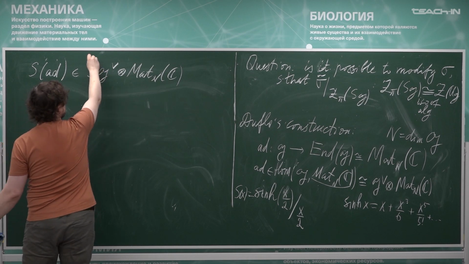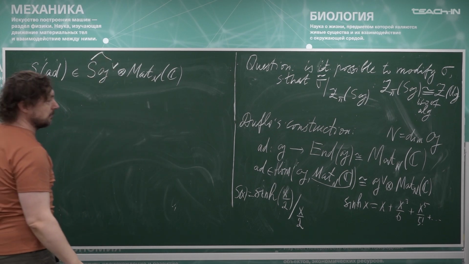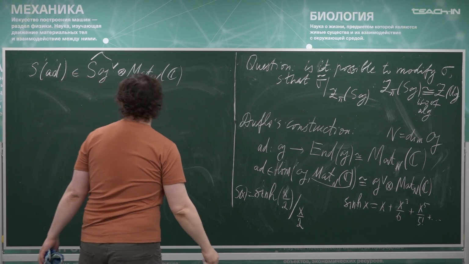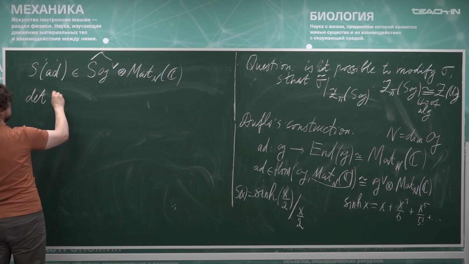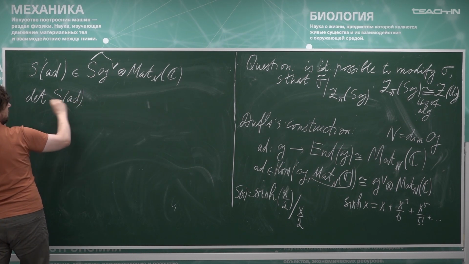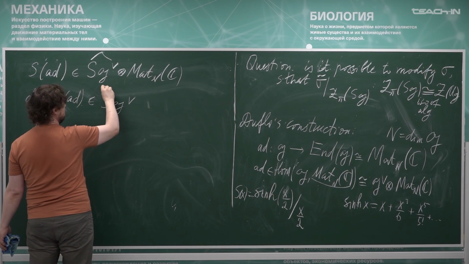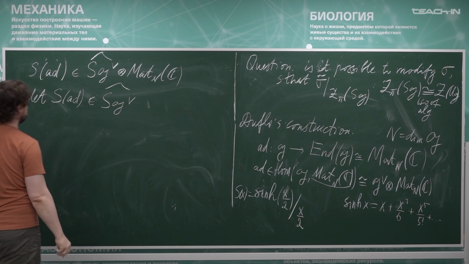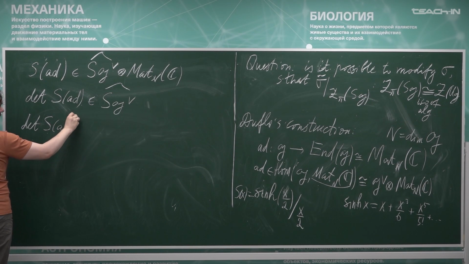It's a formal power series, so let me use hat to distinguish polynomials from formal power series. Now you can take the determinant of this, and this will give you a formal power series just like this without matrices. And then you take the square root of this construction.